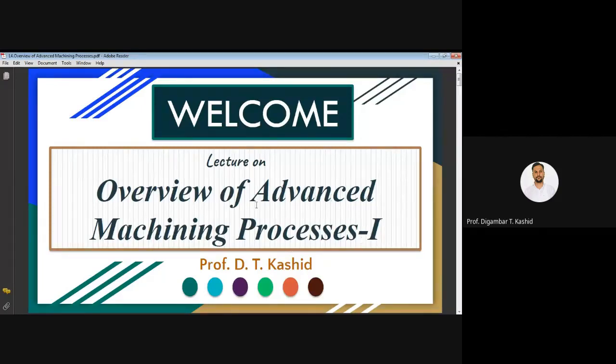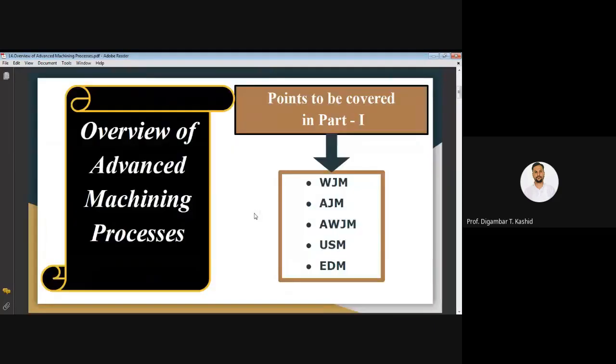This overview of advanced machining processes, I have divided into two parts. In the first part we'll take the overview of mechanical energy based processes and electrical energy based processes. In the mechanical energy based processes, we have four processes.